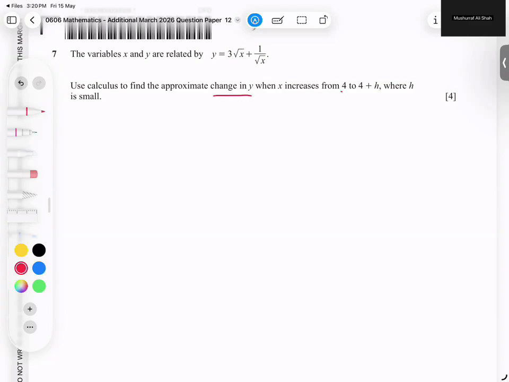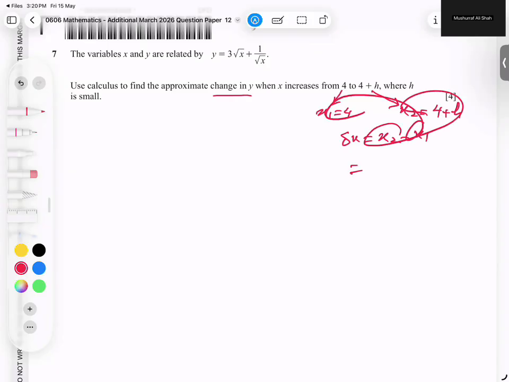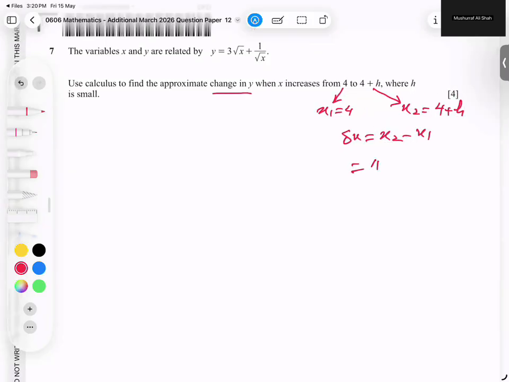When x increases from 4 to this one, this is called x1 and this is called x2. How to find the approximate change in x? The formula is x2 minus x1. x2 is here, x1 is here. So I can say 4 plus h minus 4. The 4 cancels out. I'm getting delta x is equal to h.